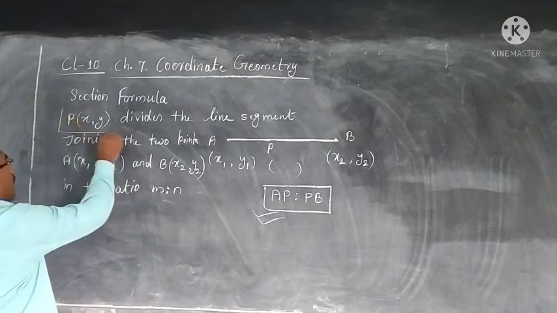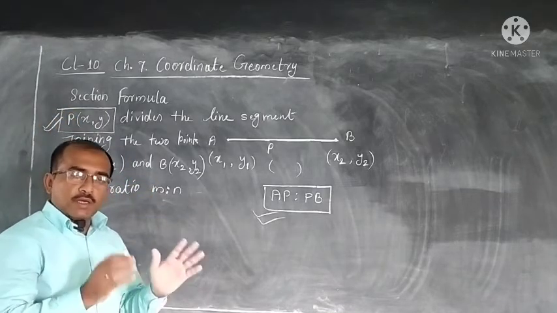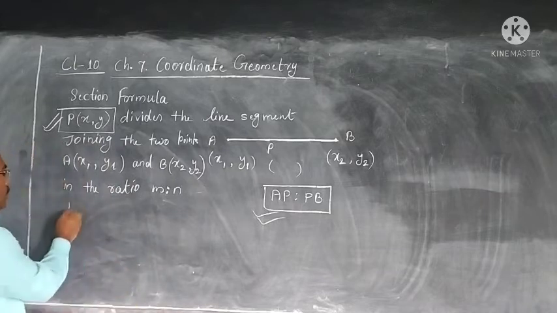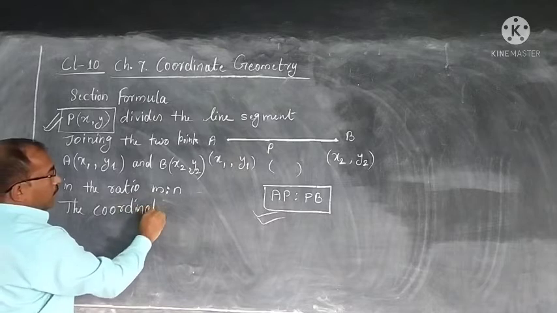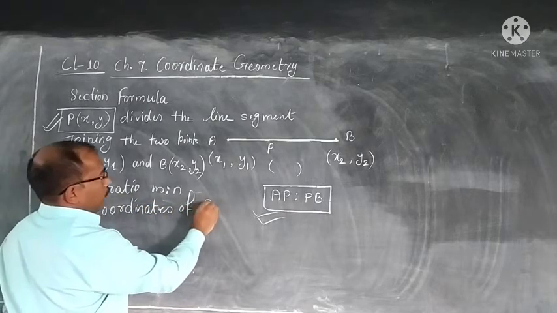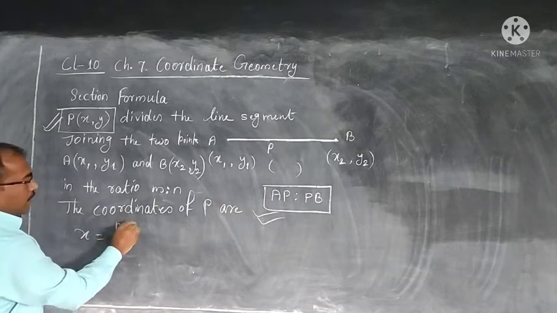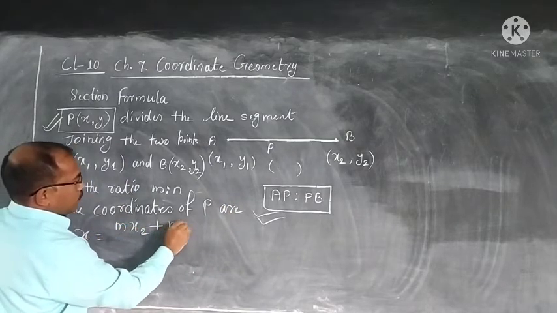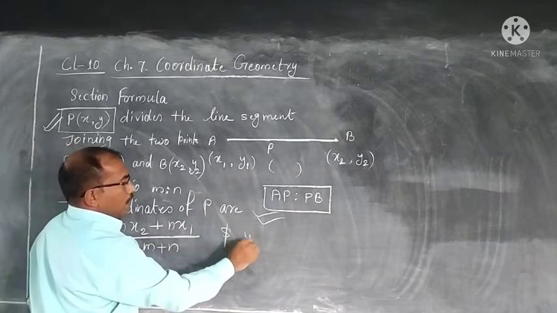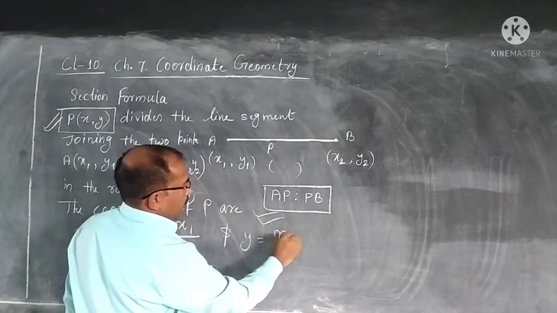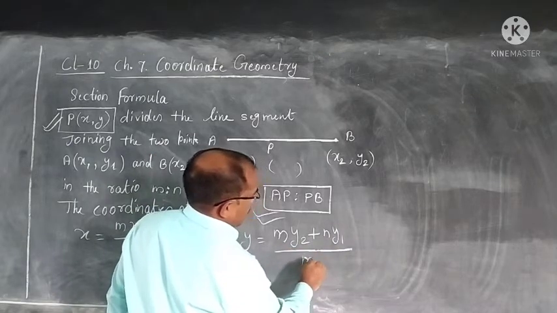So, then if you are asked to find the coordinates of this point which is dividing the line segment in a certain ratio, then the coordinates of the point P are x equal to mx2 plus nx1 by m plus n, and y will be my2 plus ny1 by m plus n.